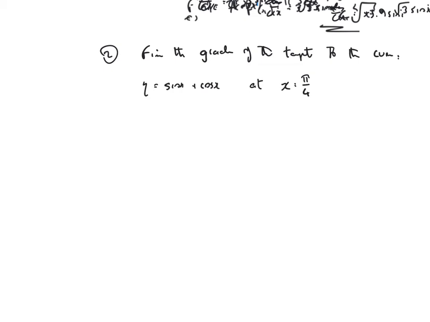Okay, so gradient of tangent first of all tells me to differentiate the thing. So differentiate sin x, you get cos x. Differentiate cos x, you get minus sin x.